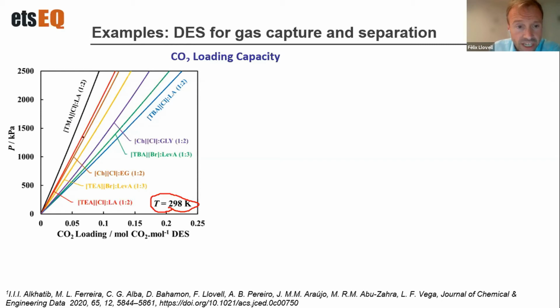And here we can see the CO2 loading capacity, to absorb a mole of CO2 per mole of solvent. Of course, we need to keep the pressure as low as possible. So the best deep eutectic solvent would be the one corresponding to the blue line, TBA-Cl with lactic acid, followed by TBA-Br with levulinic acid at a proportion of 1:3.